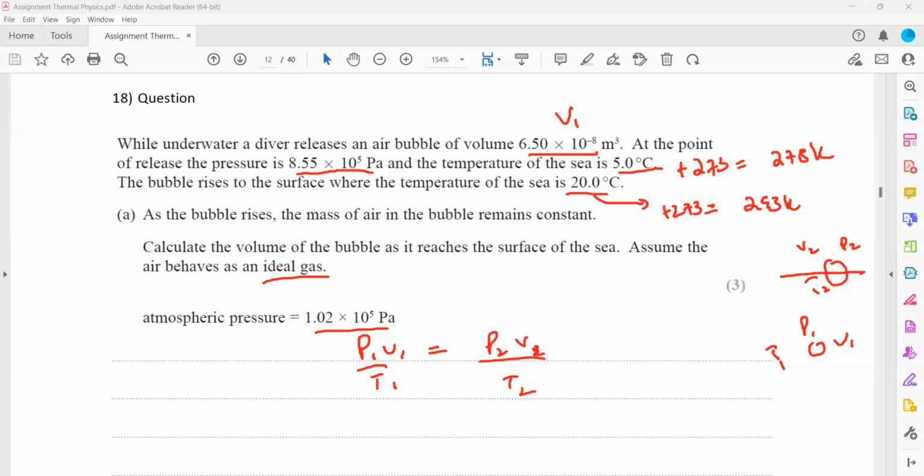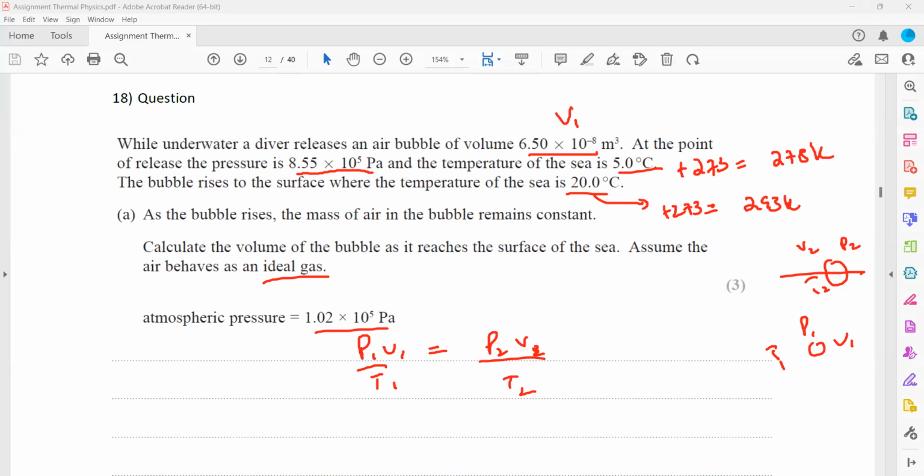So P1V1/T1 = P2V2/T2. Or you can also solve using PV = nRT or PV = NkT, and first work out the value for the volume.